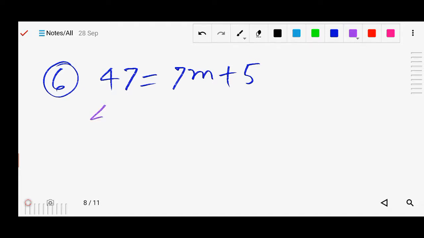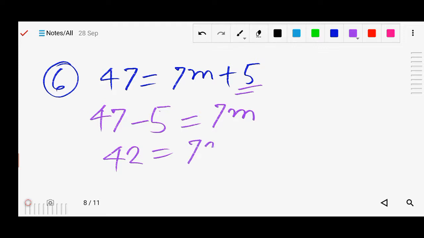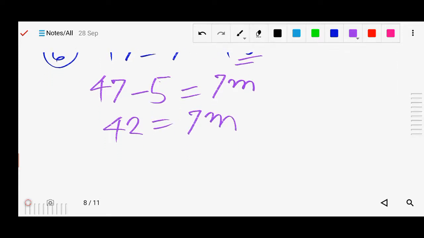Here is the 47, so it's better if I move this 5 to the left hand side. So 47 minus 5 will be 42. Now here 7m, so I can write like this, 7m equals to 42.